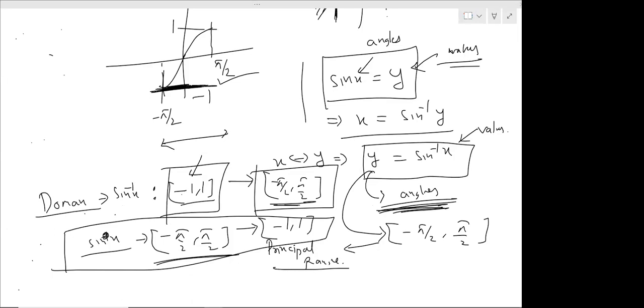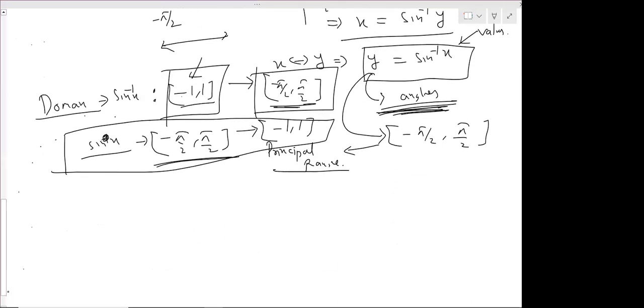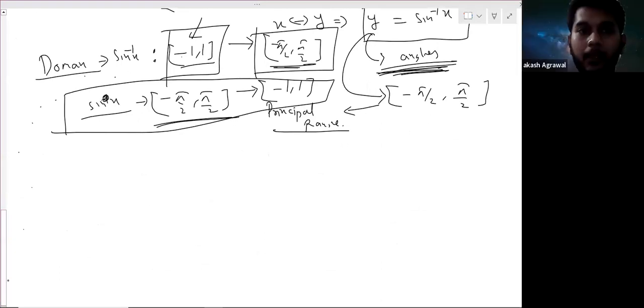Yes. Okay. Let's see some values. Let's find some values actually. So this is clear. Sine inverse x will take values from minus 1 to 1, and will output minus pi by 2 to pi by 2.